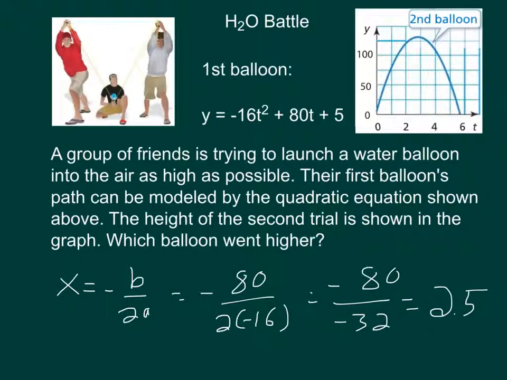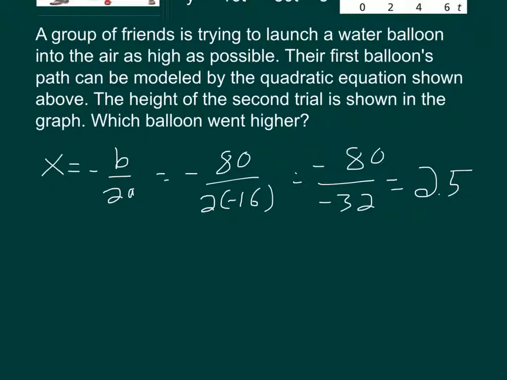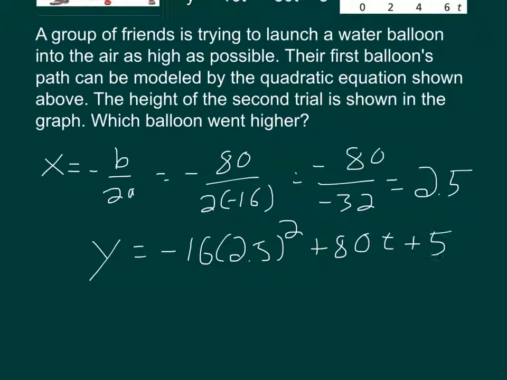So I'm going to just plug in to y equals negative 16t squared, which is going to be negative 16 times 2.5 squared, plus 80t plus 5. I've got to replace that t with 2.5. Forgot about that. I have to put it in both places there.